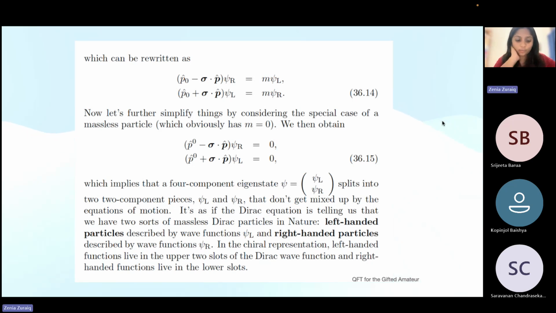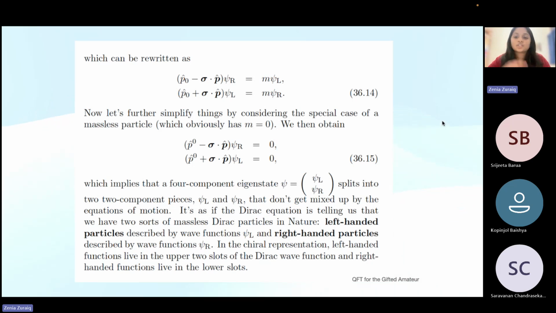Any examples for a massless spin half particle? Okay, so I'll tell you the example for a massless spin half particle, or something very close to it, is a neutrino, right? Neutrinos are not exactly massless, they have a very small mass, but within the standard model, they are considered to be massless actually.